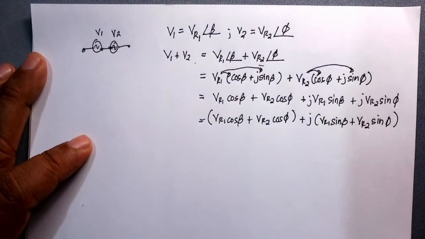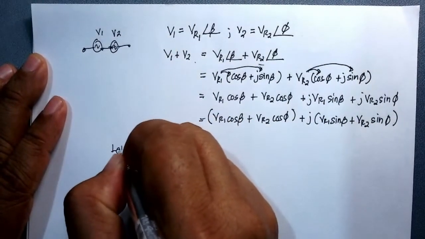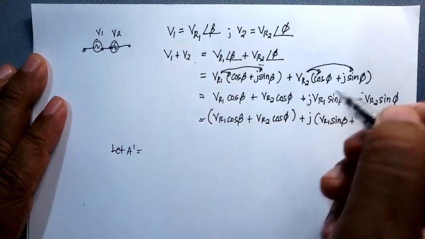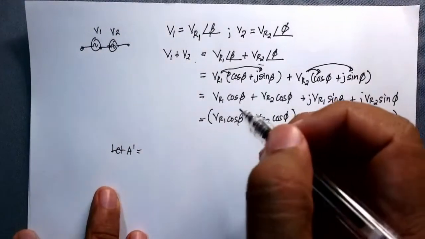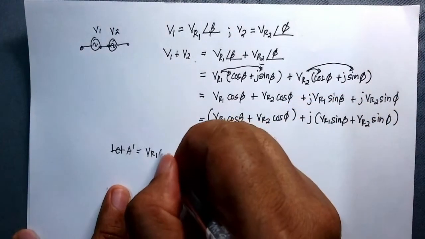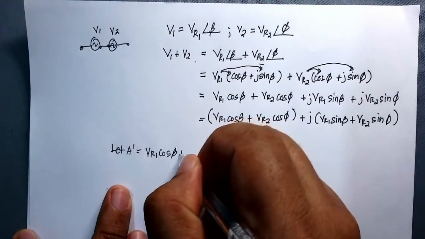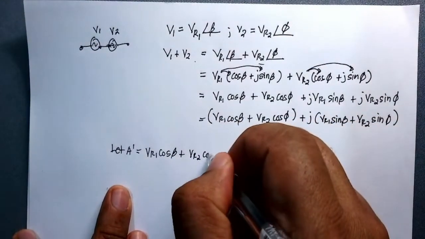In this case, we can assign a letter, A prime, equivalent to the real part, so that will be BR1 cosine beta plus BR2 cosine phi.